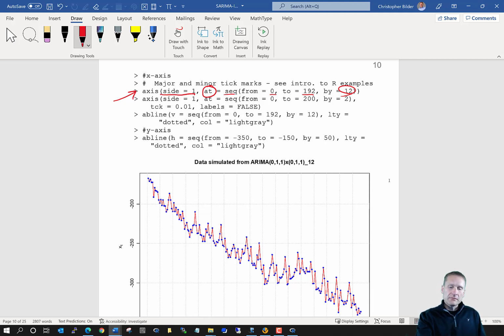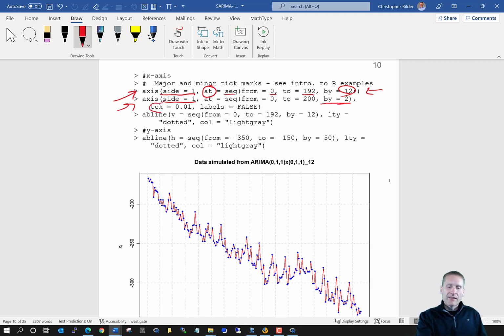Also, this is going to give me a nice numerical label that says 12, 24, and so on. Also, on the same axis, I'm going to put what are called minor tick marks in there, where I just want to draw a little line to help me see better what the in-between, let's say, months would be. And I'm going to go by 2s.